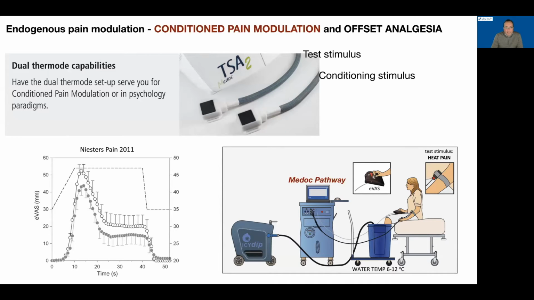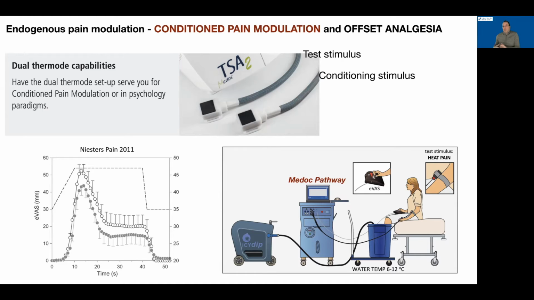Well, that's the modulation of a painful stimulus when a second stimulus is applied on a distinct area of the skin. And so you have a test stimulus, which is the painful stimulus that needs to be graded by the subject. And you have a conditioning stimulus, that's the stimulus that's applied on a different area of the skin. And it will influence the perception, the sensation of the first stimulus.